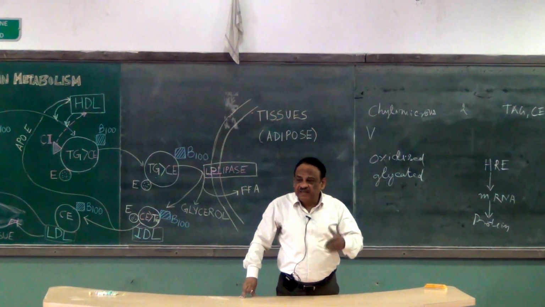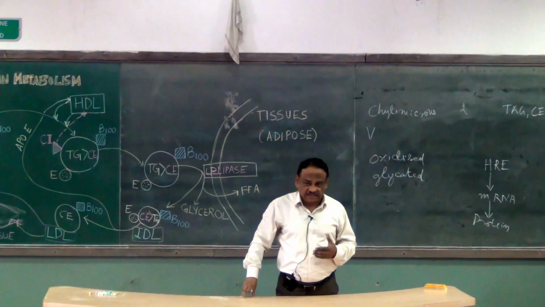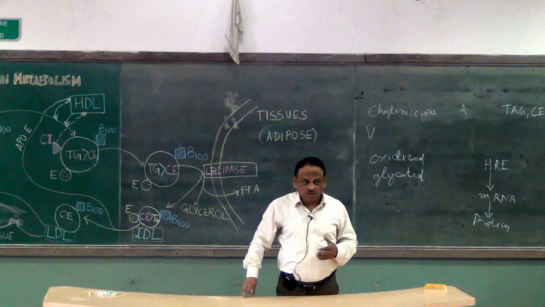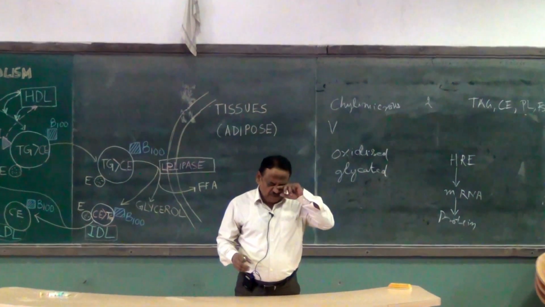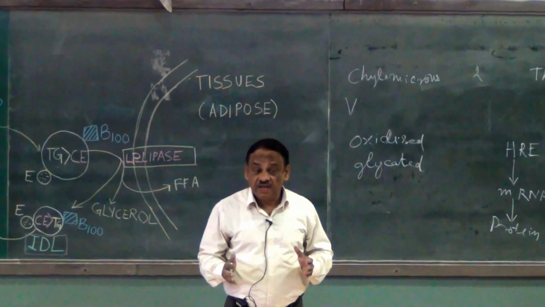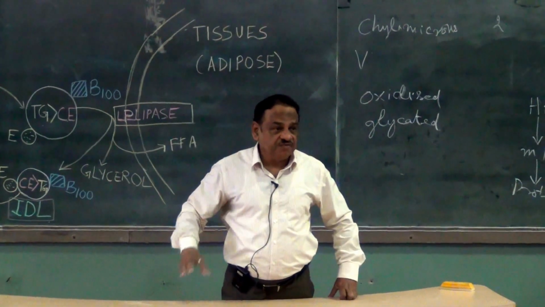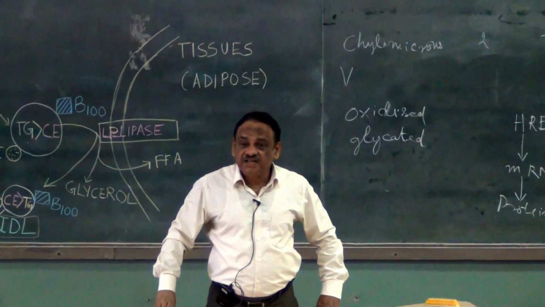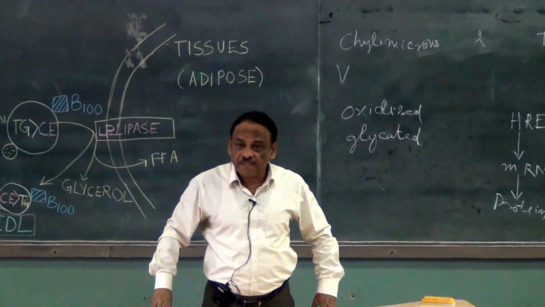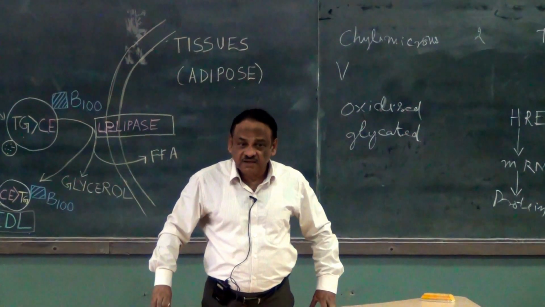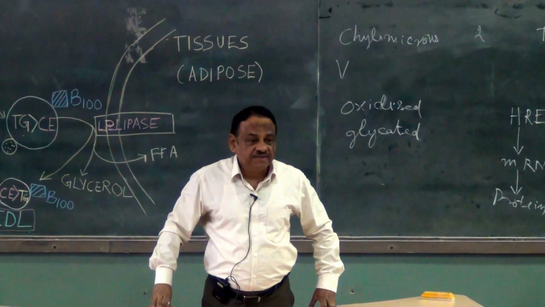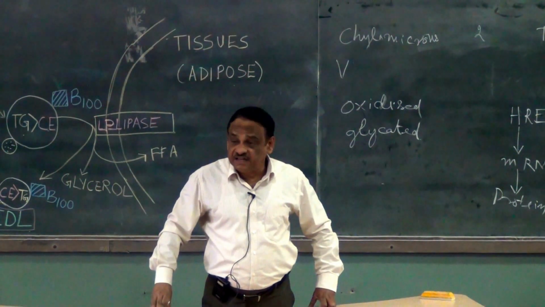Free radicals are being produced during the metabolic reactions. To prevent their action, what do we have? Glutathione, that is the antioxidant. We have antioxidant vitamins: beta carotene, vitamin E, and vitamin C. They are all antioxidants.